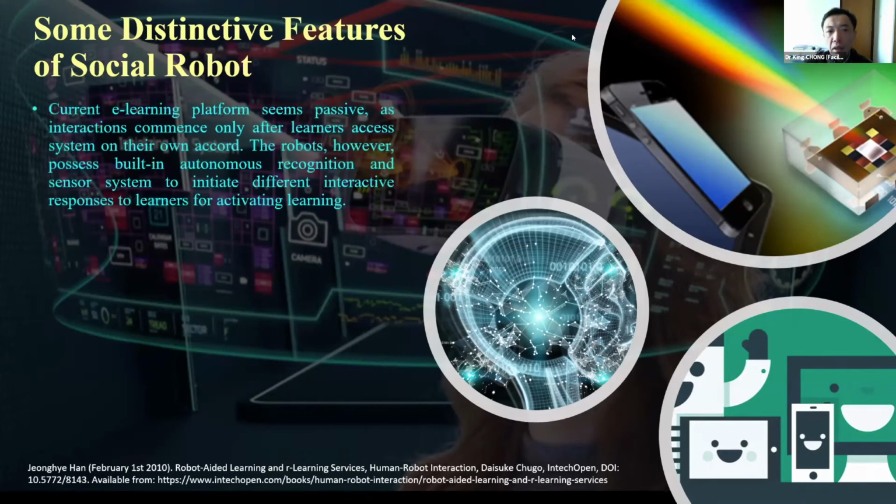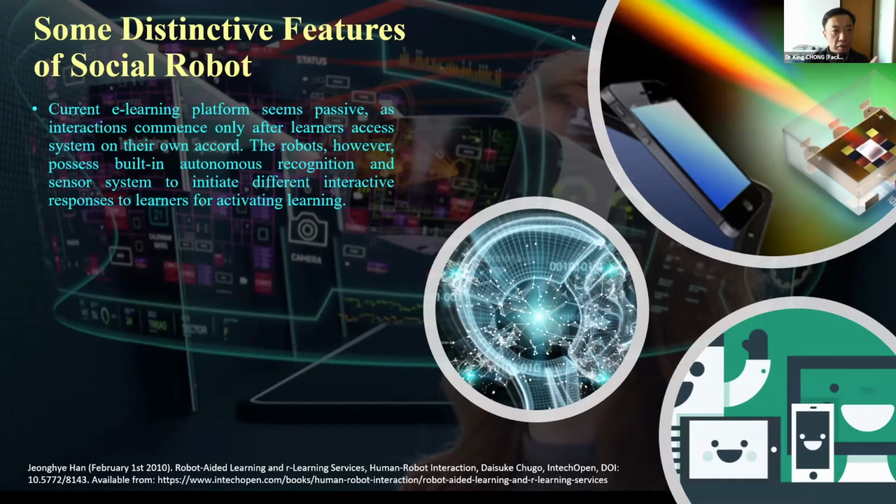The first one is that the e-learning platform seems to be quite passive. It relies on the student to log in. That means the interaction between students and our e-learning platform relies on students taking the initiative to log in. Then the interaction can happen after the student is logged in. But the robot is different because a robot possesses built-in autonomous recognition and a sensor system.